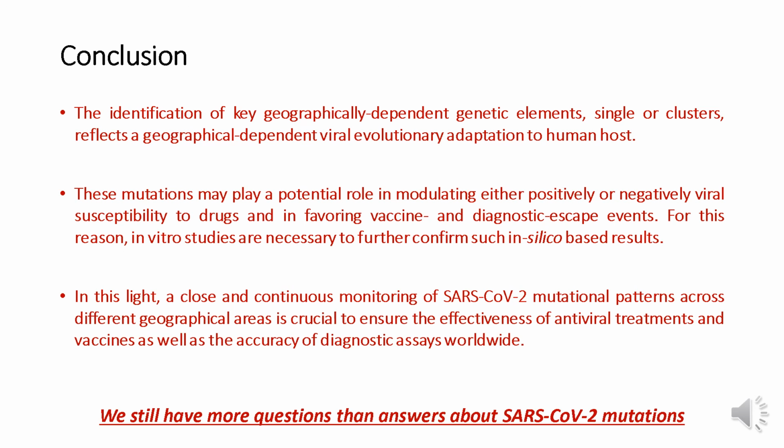For this reason, in vitro studies are necessary to further confirm such in silico based results. In this light, a close and continuous monitoring of SARS-CoV-2 mutational patterns across different geographical areas is crucial to ensure the effectiveness of antiviral treatments and vaccines, as well as the accuracy of diagnostic assays worldwide.